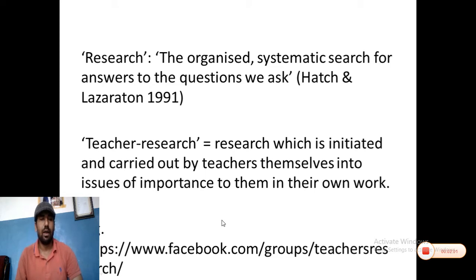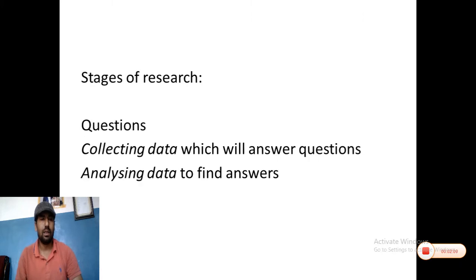We can learn a lot of things from the teacher researchers group. The stages that we have already completed are: we prepared the questions, we have collected the data which will answer the questions that we formulated during our research project, and then we are at the stage of analyzing data to find the answers of these exploratory questions.